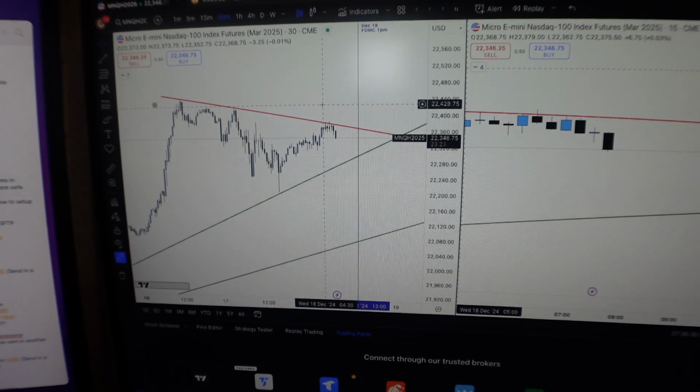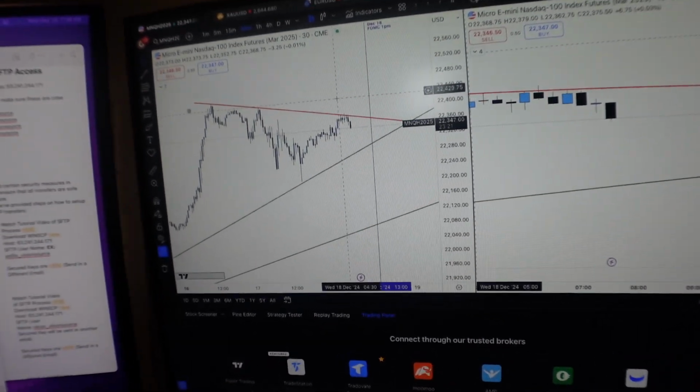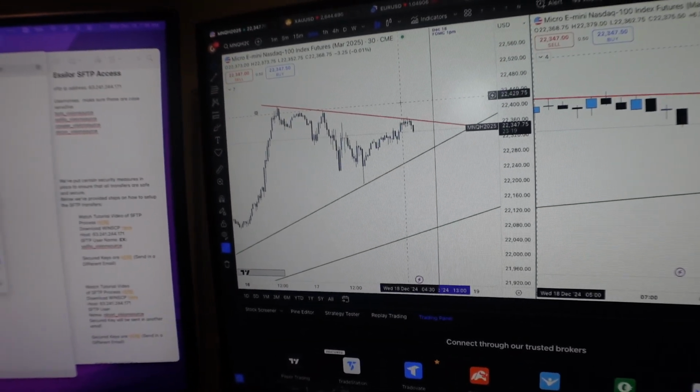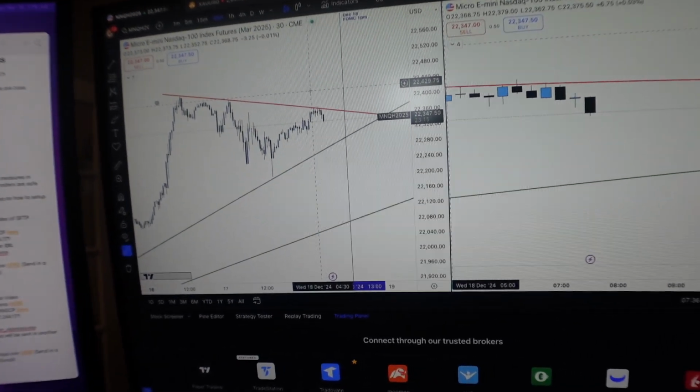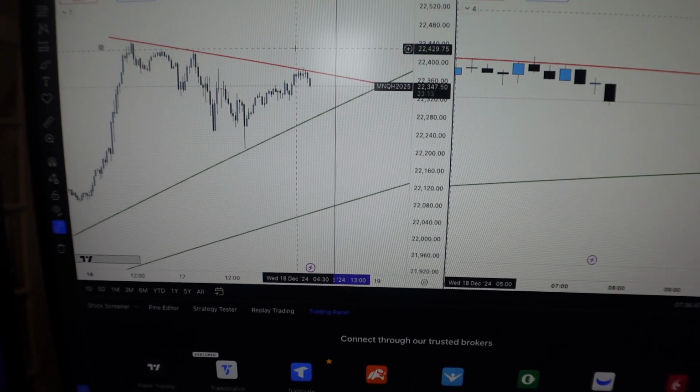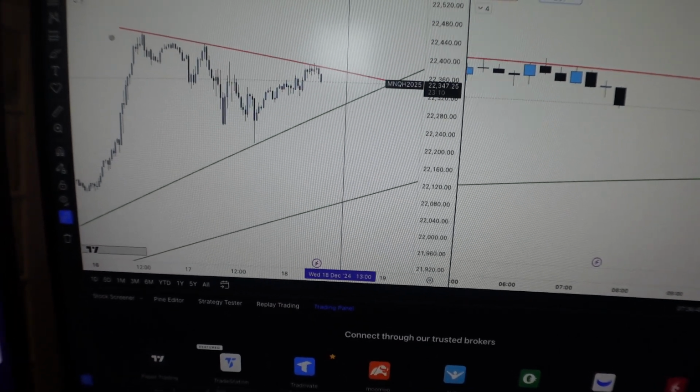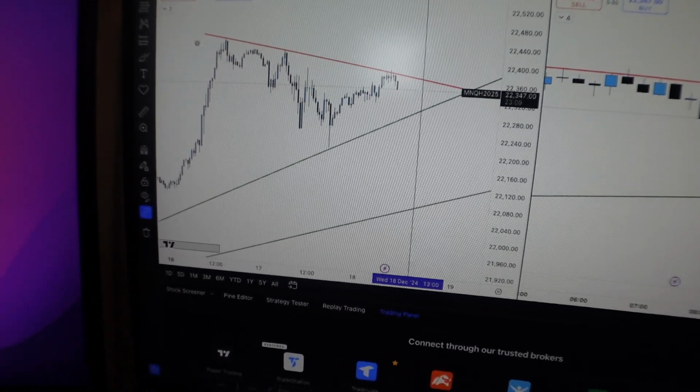So I actually missed that trade. It'd be pretty cool if we can get a retest on that, but I will wait until the New York market opens before I look to take a trade on that. All right, that's what we have currently right now.